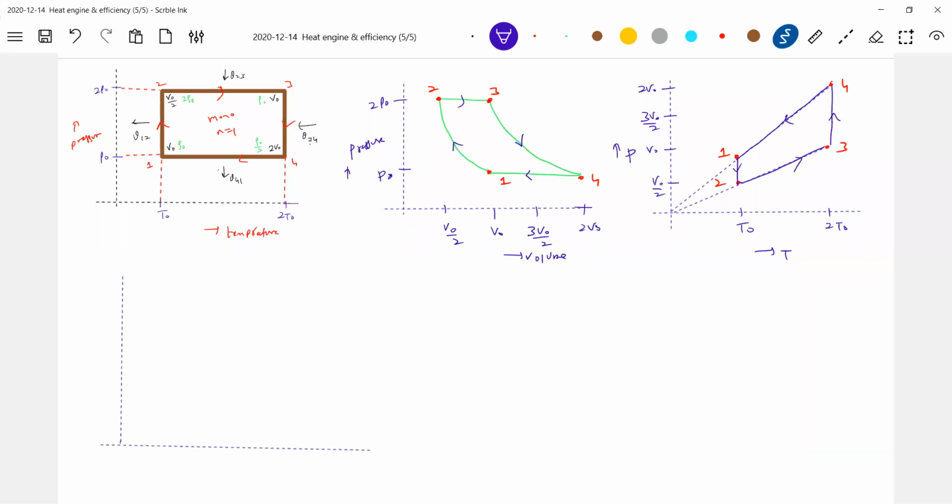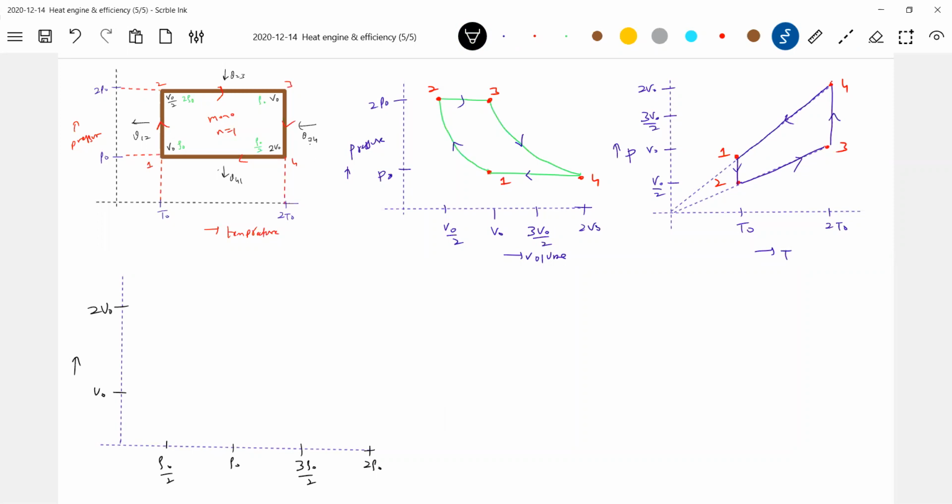Okay, densities are rho naught by 2, rho naught, 3 rho naught by 2, 2 rho naught. Temperature, this is U naught, 2 U naught.